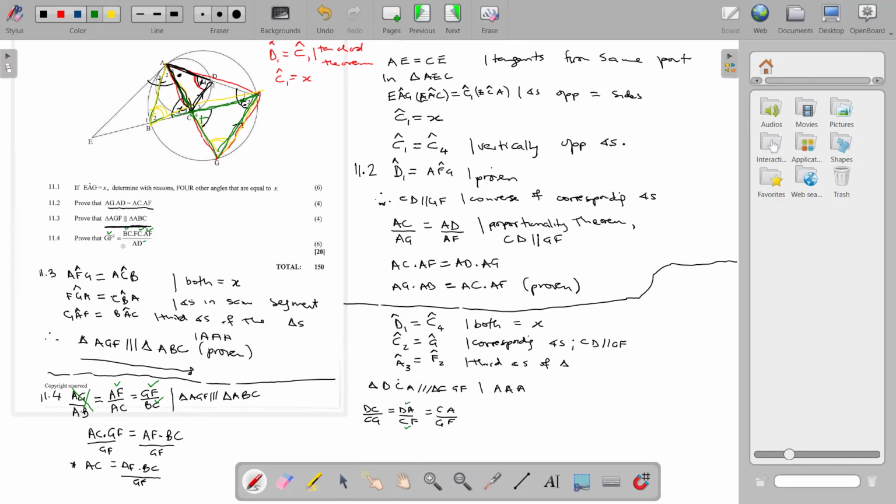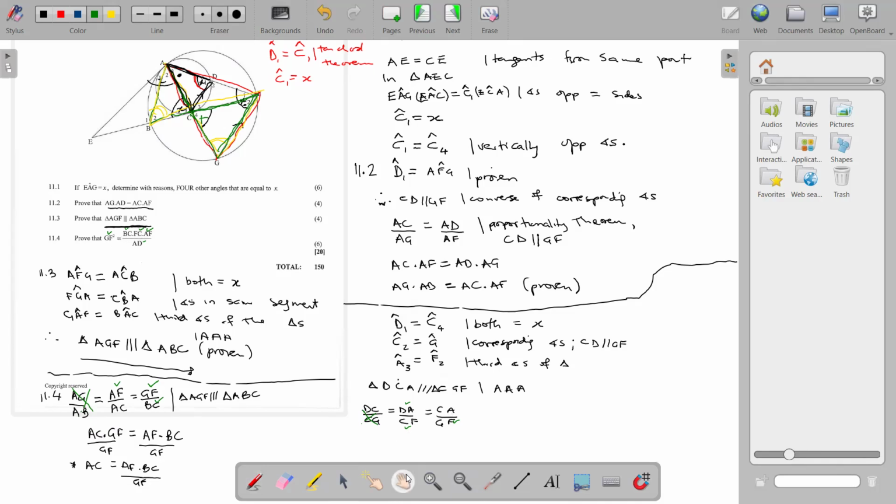We have GF there, and GF here. Do we have DC? We don't have DC. Do we have CG? We don't have CG. So we are not going to be worried about those. We are left with CA, which we do not want.